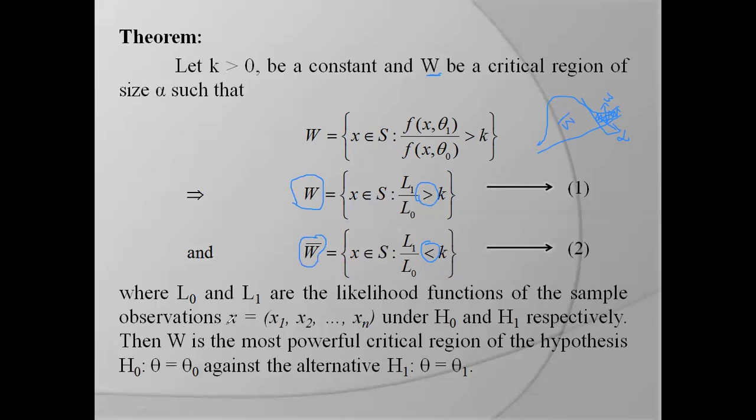If it is like this, then we can say W is the most powerful critical region of the hypothesis H0 against the alternative.